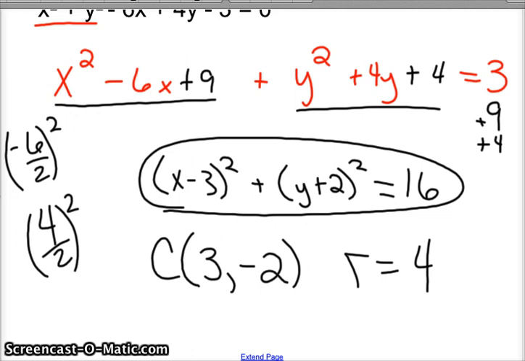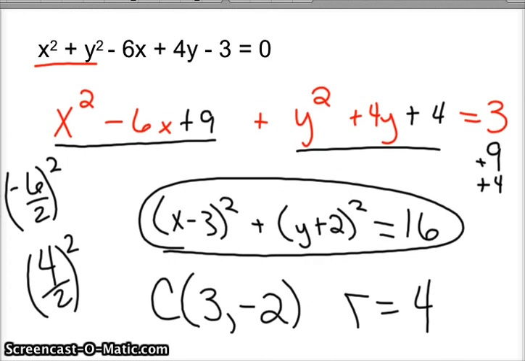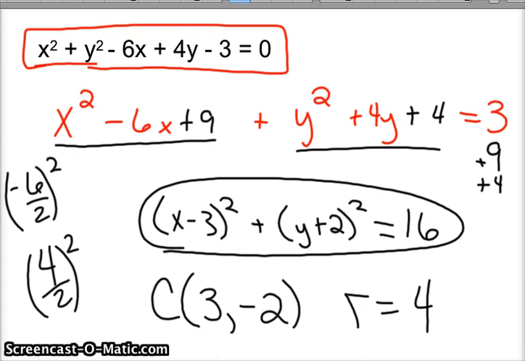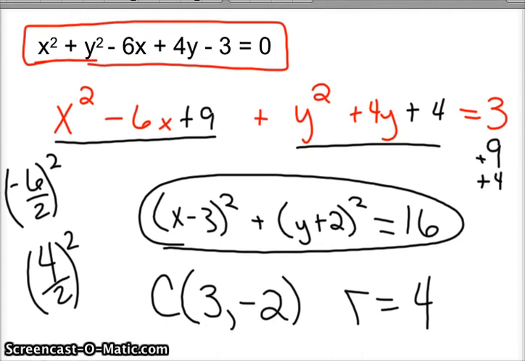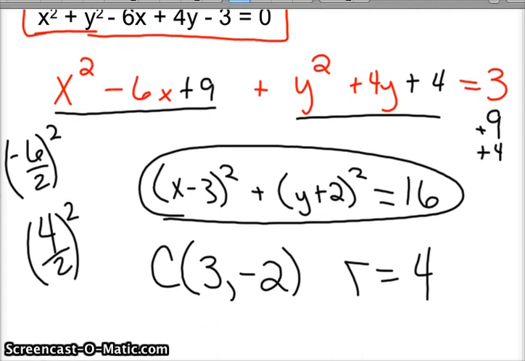It also gives you kind of a handle on this whole idea of general form, which is this piece right here. And to get back to general form, I mean we have it, but you would just square this, and move your 16 left. Combine anything you can combine, and you would have it back to general form.